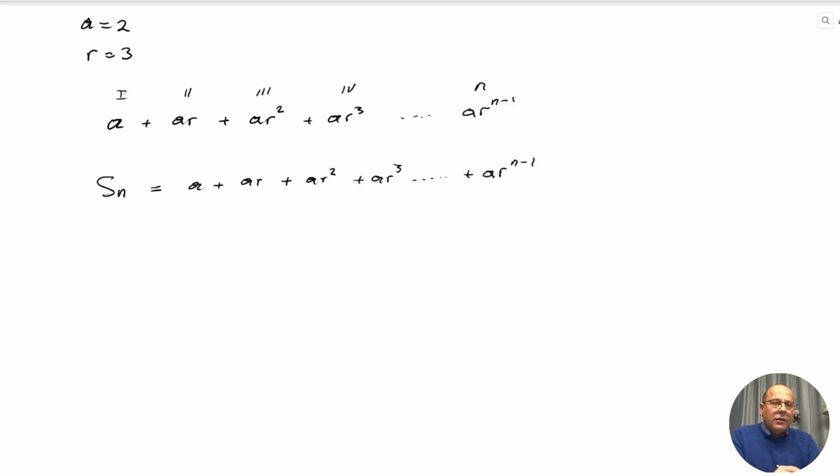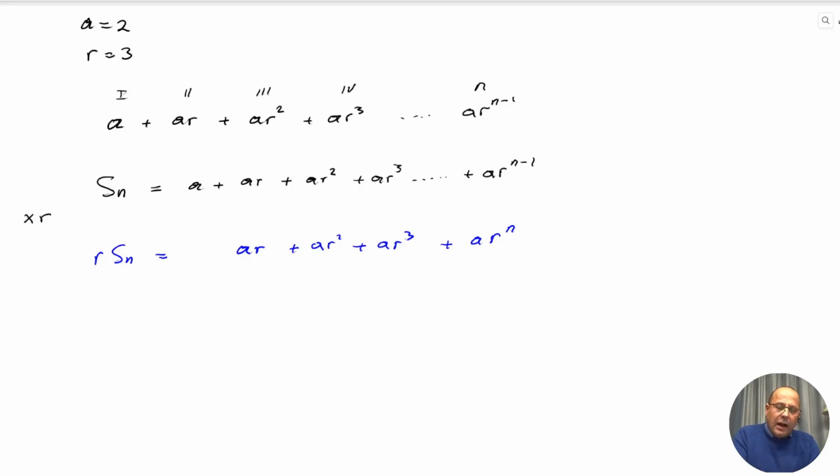If we multiply both sides of this equation by r, we obtain rSn is equal to: multiplying the first term, that will be ar, plus ar squared, plus ar cubed, and so on, plus ar to the power of n. If you multiply ar to the power of n minus 1 by r, it becomes ar to the power of n.